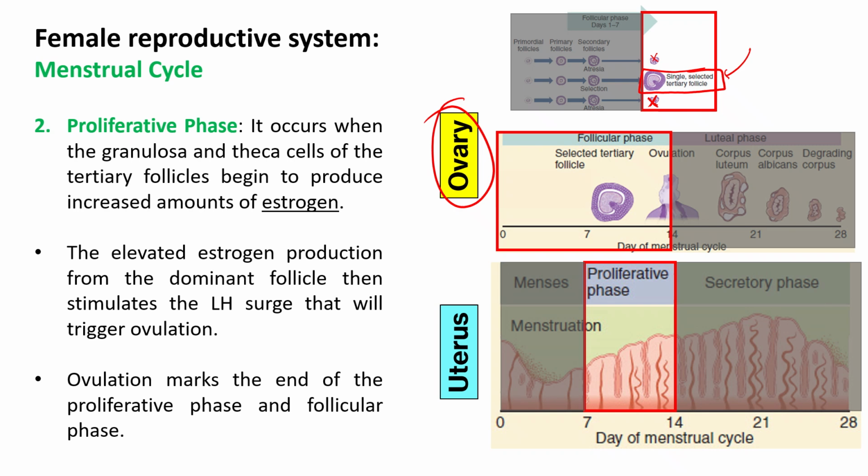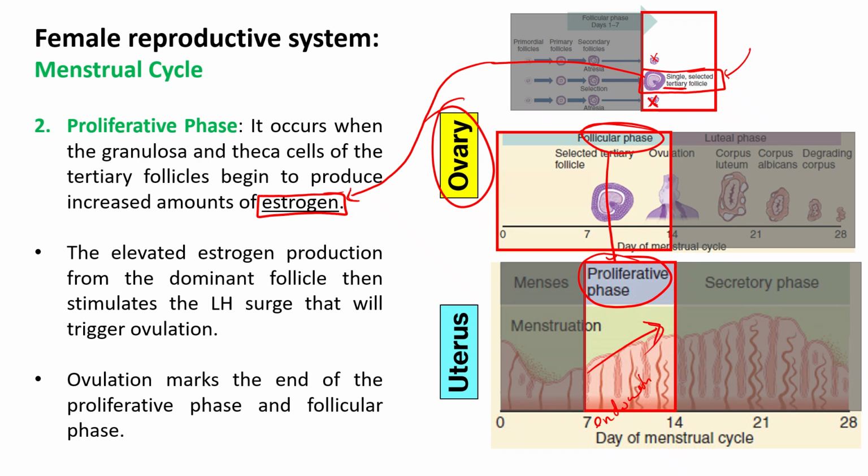Remember that before ovulation, the main hormone that will increase is estrogen. This estrogen produced by this tertiary follicle in the follicular phase is the one that will stimulate the endometrium to grow. And that is the proliferative phase that is occurring in the uterus.